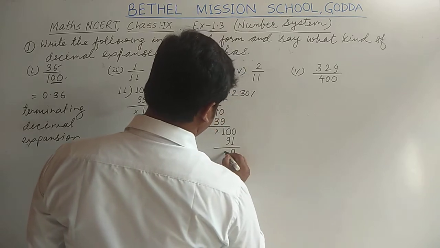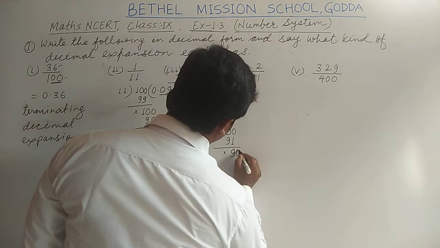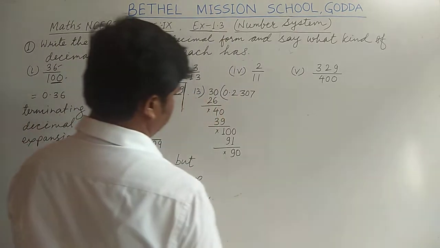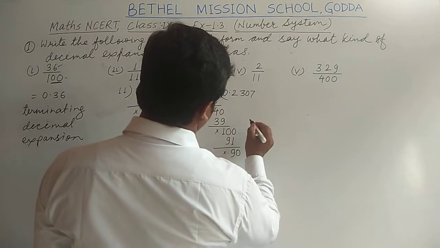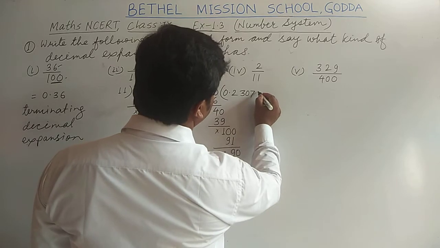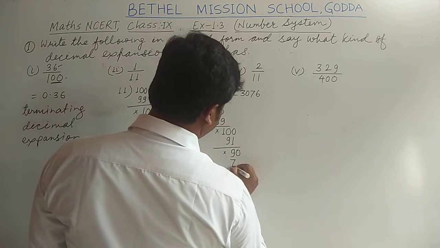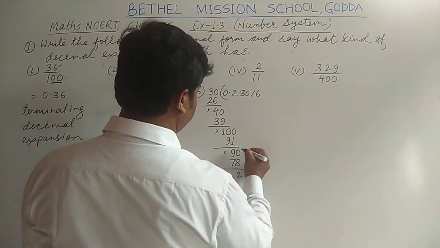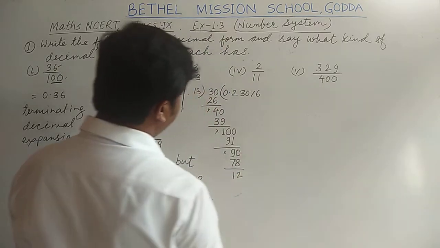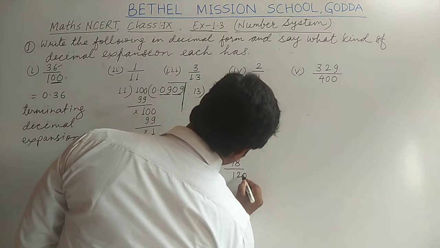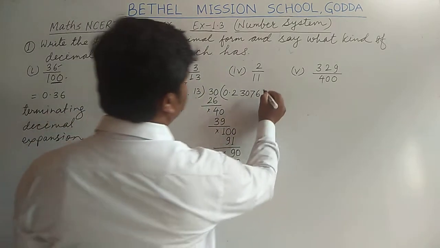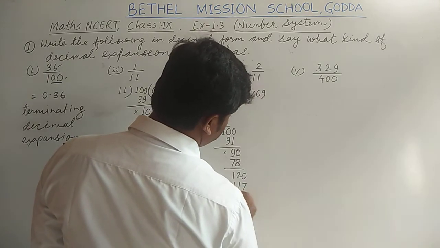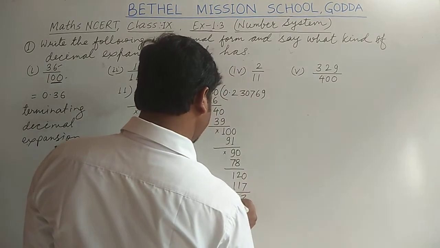Remainder 9, decimal 90. 13 times 6 is 78, remainder 12, decimal 120. 13 times 9 is 117, remainder 3.